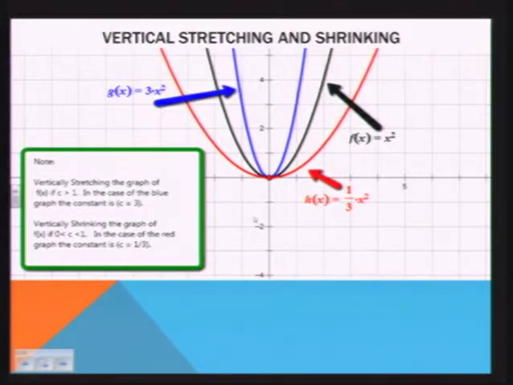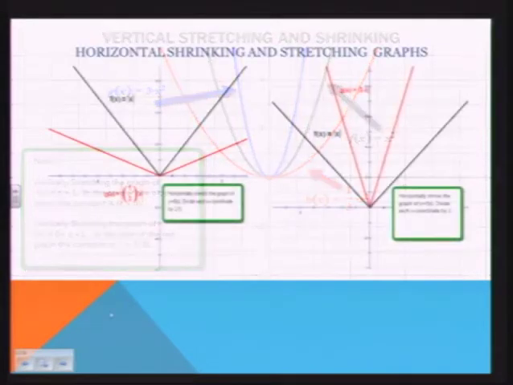Therefore, you are having a vertical shrink. Now you may look at the graphs that we have here and see they are a little different from the previous ones, but this is a common graph you have possibly seen, known as the quadratic function graph, where f of x equals x squared is your parent function. I have derived 2 transformations; in this recap, the blue is the vertical stretching, and the red is the vertical shrink.